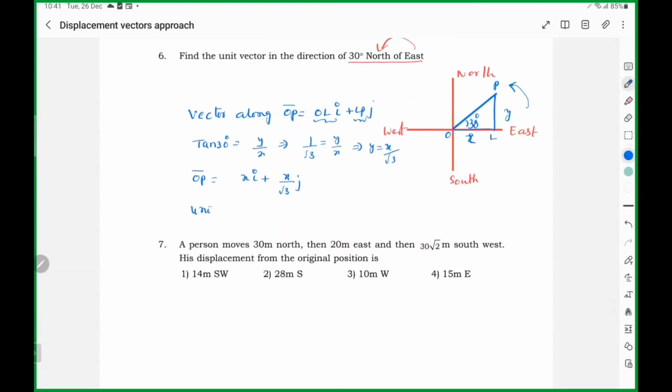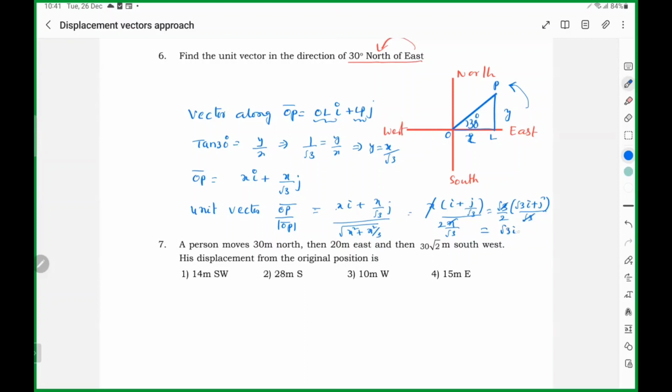So to get a unit vector in the direction 30 degrees east of north: xi plus the magnitude of it, x into i plus j by root 3, root of 3x square plus x square, 2x by root 3. x gets canceled. Root 3 i plus j by 2.